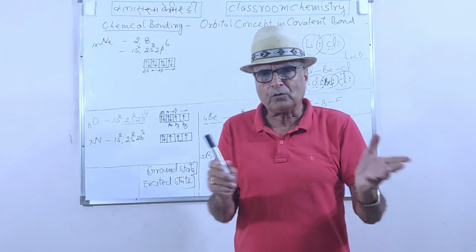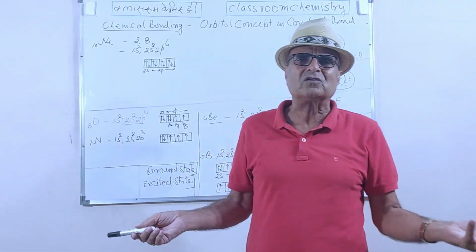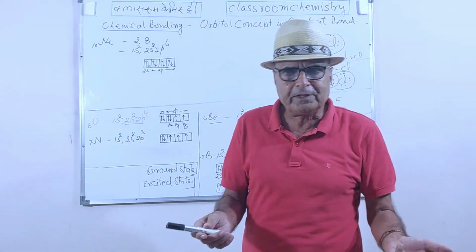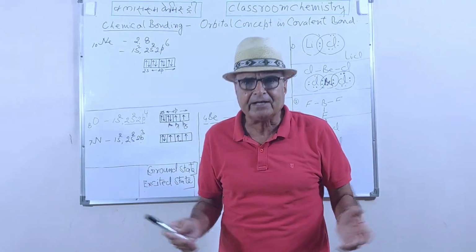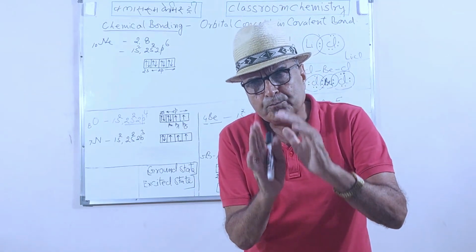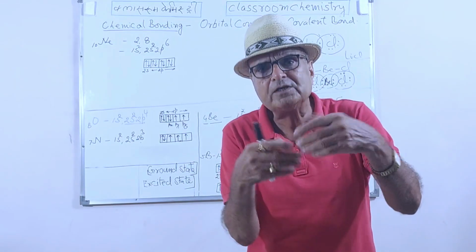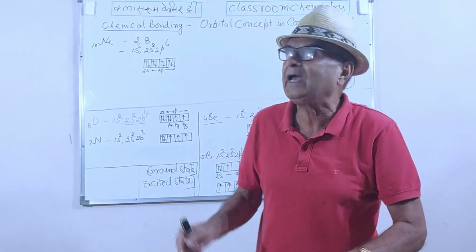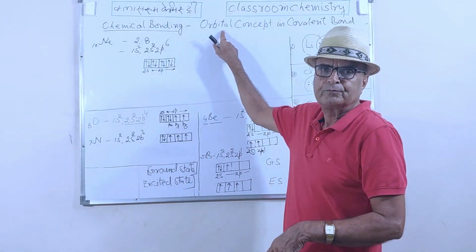First, the question arises: what is an orbital? An orbital is a place in an atom where the maximum possibility of finding an electron exists.